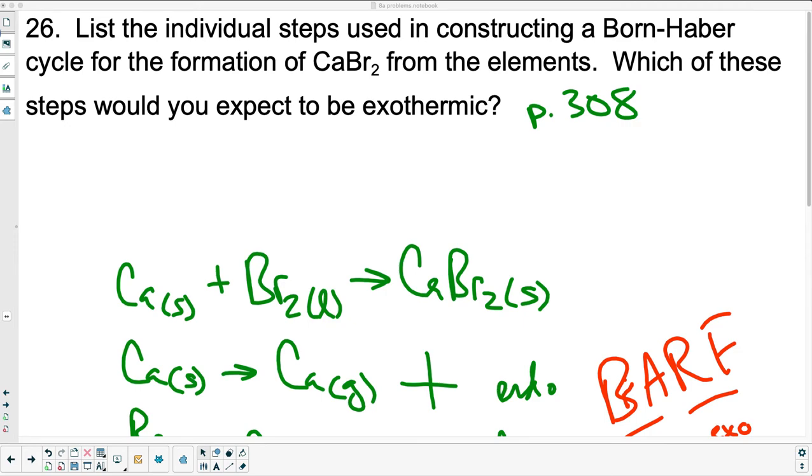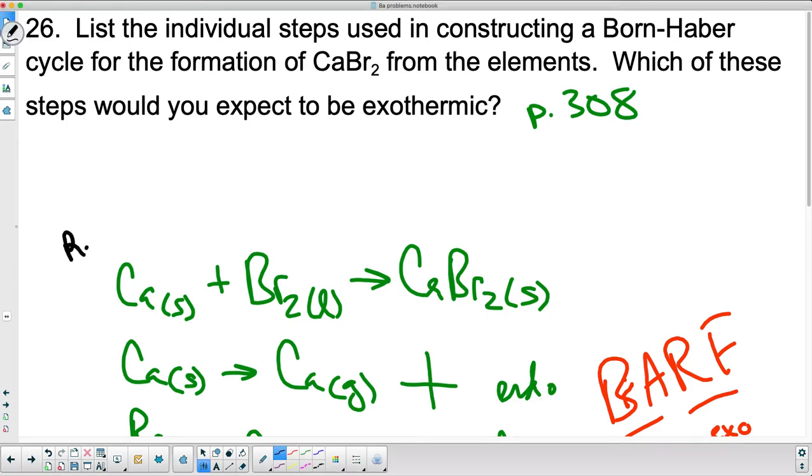This is called a Born-Haber cycle, and it explains how we go from calcium as a solid and bromine as a liquid to calcium bromide as a solid. The reactants are on this side, the products on this side, but there's a lot more to it.